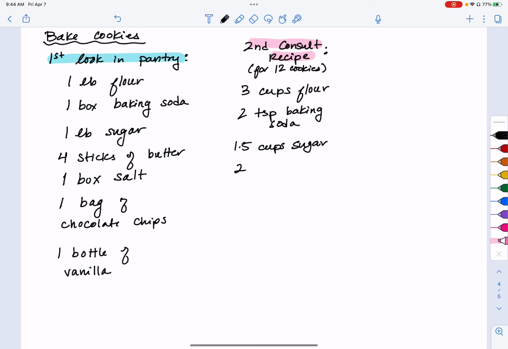I would need 2 sticks of butter. I would need 1 teaspoon of salt. I would need 1 cup of chocolate chips. And then I would need 1 teaspoon of vanilla, but I always add extra vanilla, so I'm going to write 2 teaspoons of vanilla.